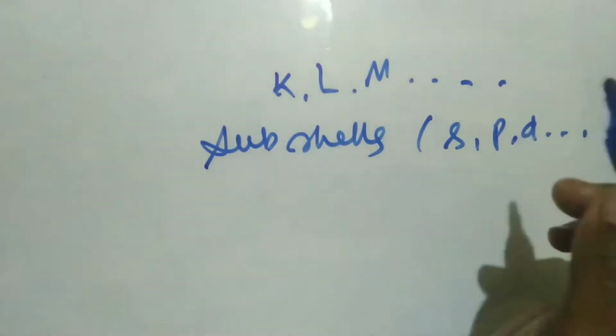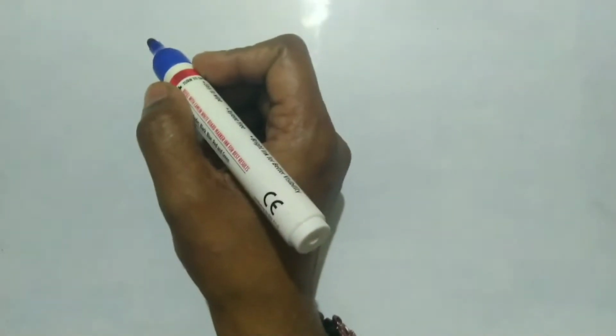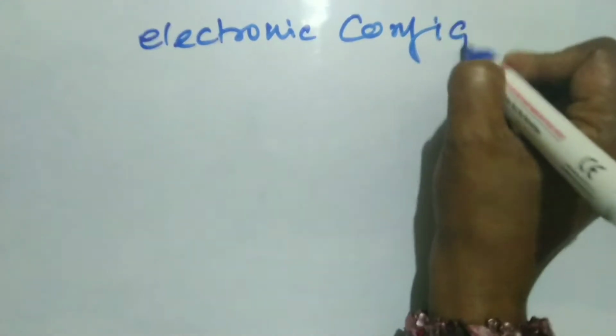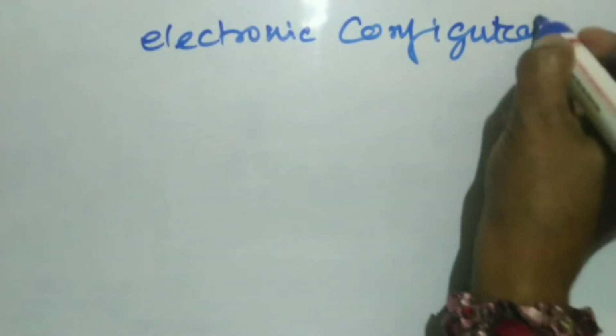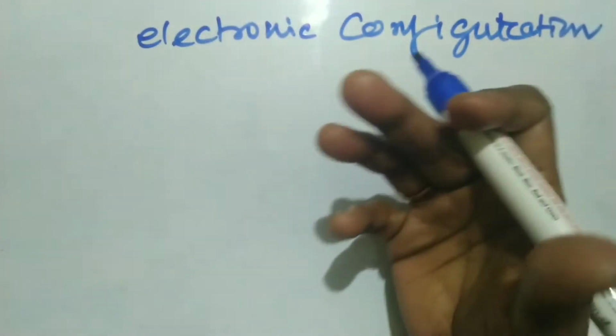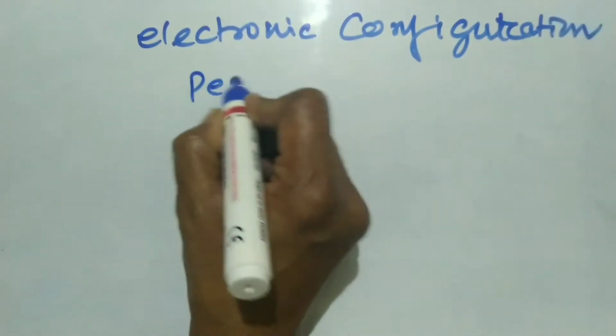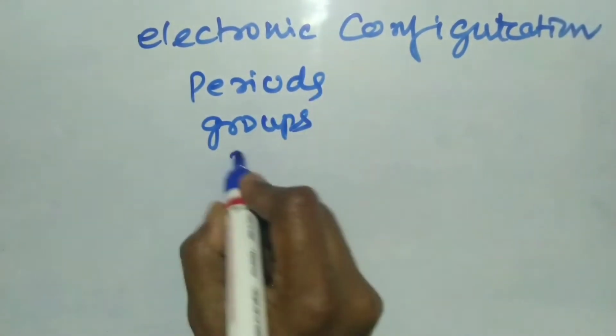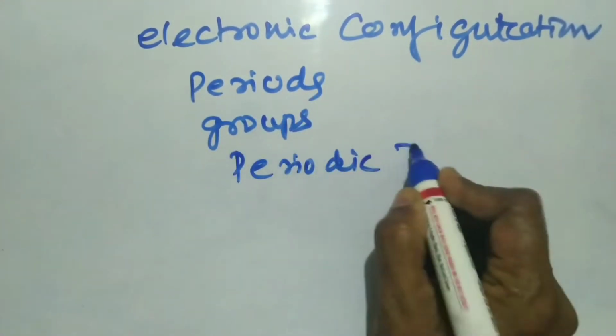So let's start. At first we will know what electronic configuration is and how electronic configurations and quantum numbers are helpful in periods as well as different groups in the periodic table.